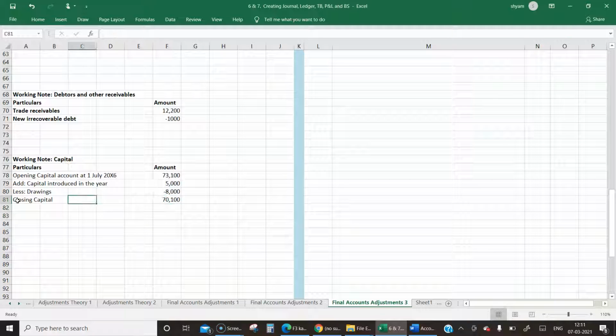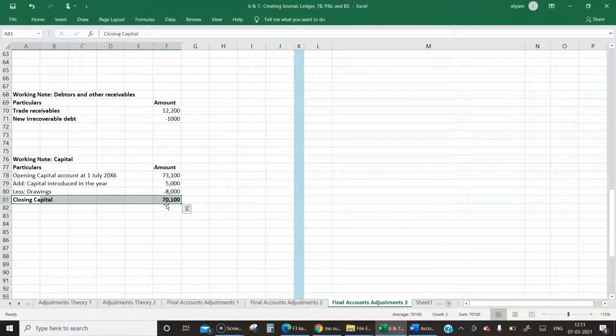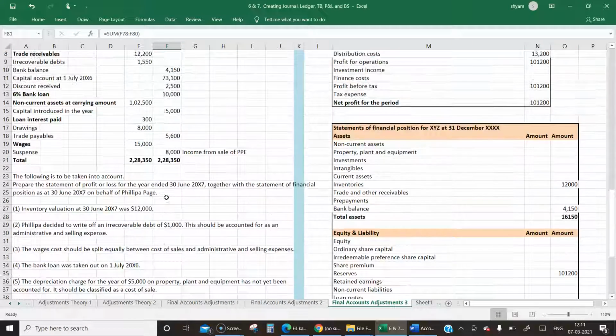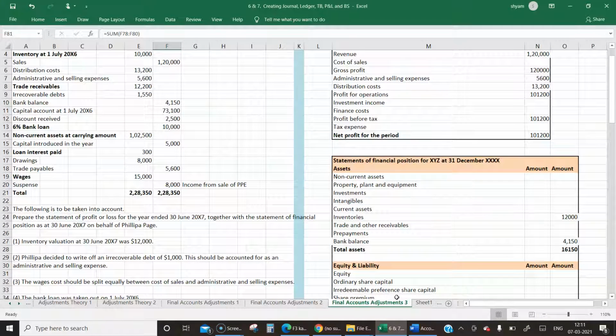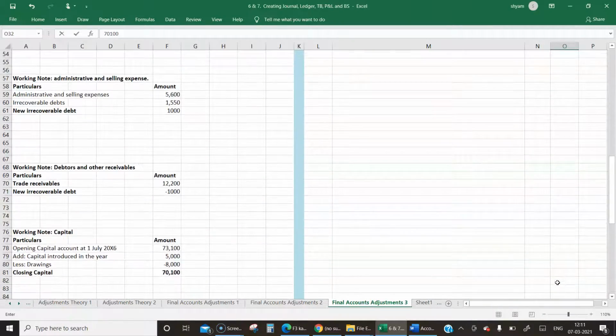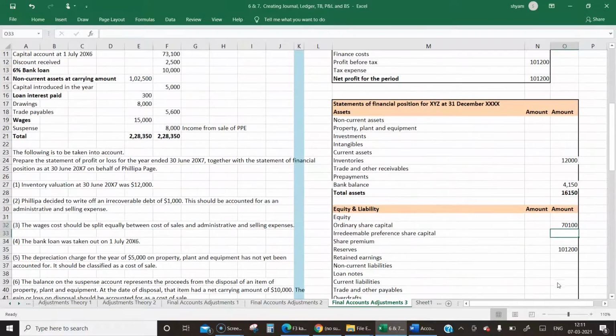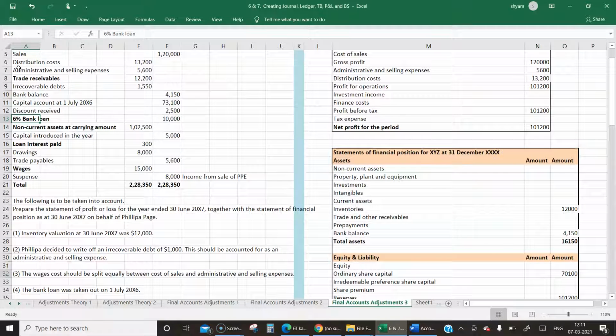So this is the closing capital amount. We can take this and put it in the equity side. It's 70,100. We'll check once more. Yes, it's 70,100. We have done that, so we have adjusted the capital.